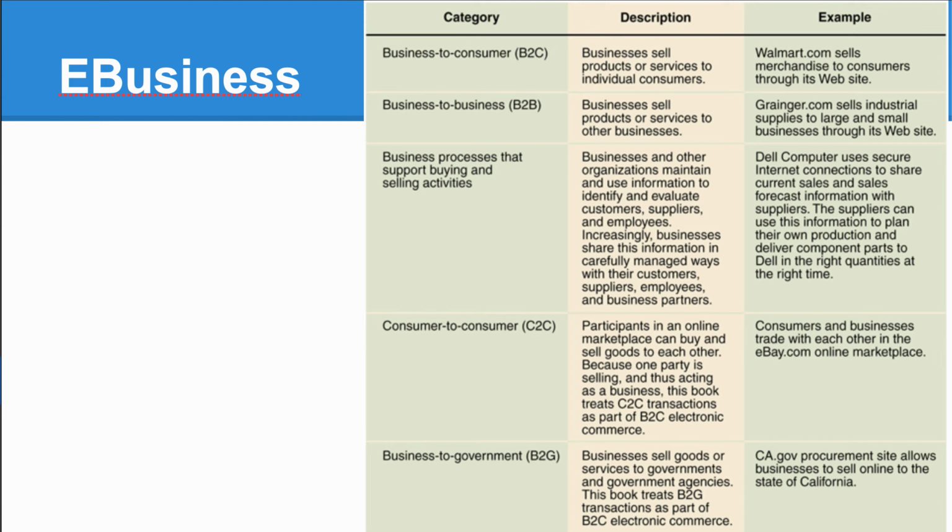Consumer to consumer is another very popular example on eBay, where you could put up something that you're trying to sell, or you could do that on Craigslist as well. And I, as a consumer, could also go out there and buy it. So eBay would be considered some type of a C2C platform that allows consumers to sell to other consumers, right?